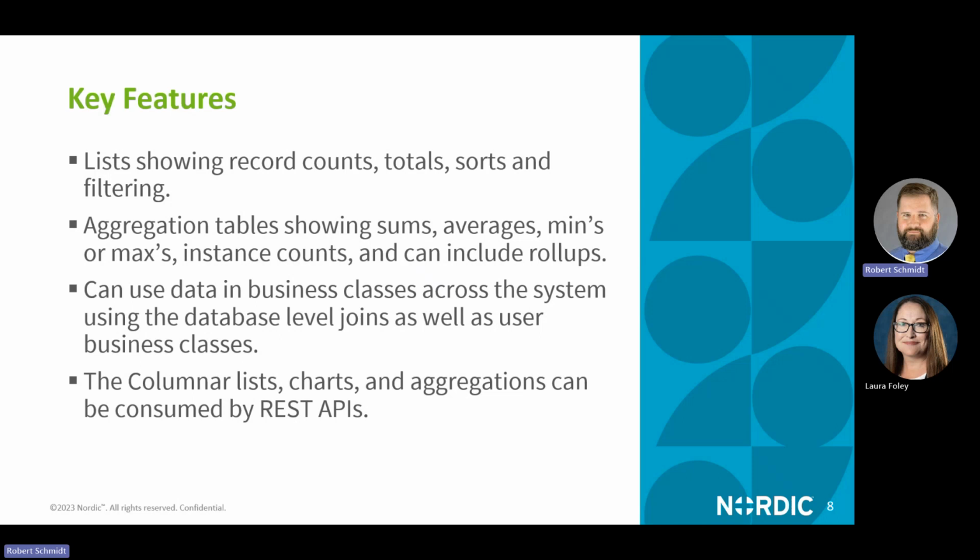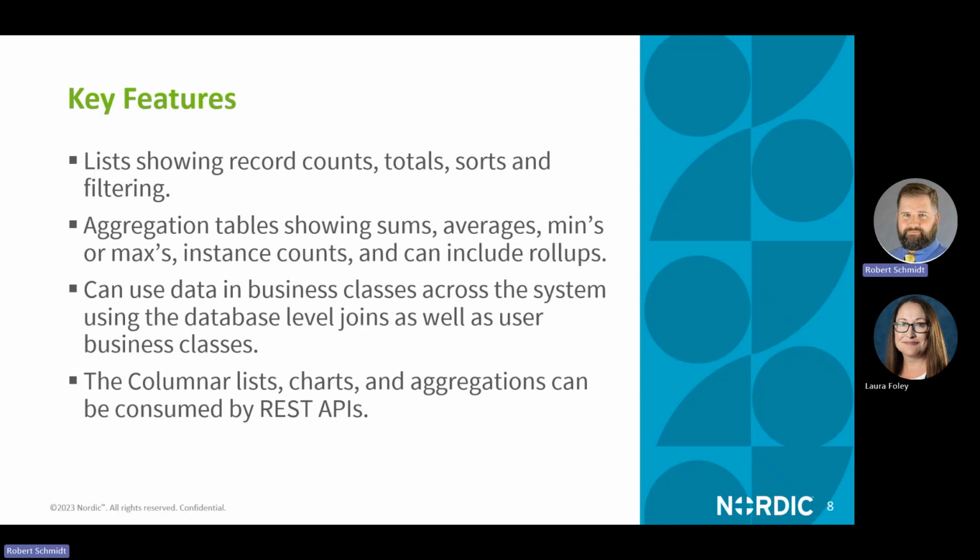And then across the system, right, we can use data in business classes across FSM, supply chain, finance, human resources, payroll. We can access the system across different business classes, including user business classes, right?